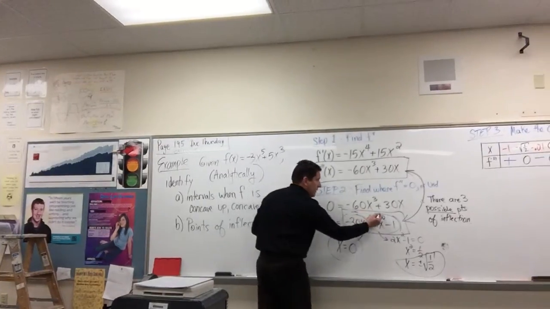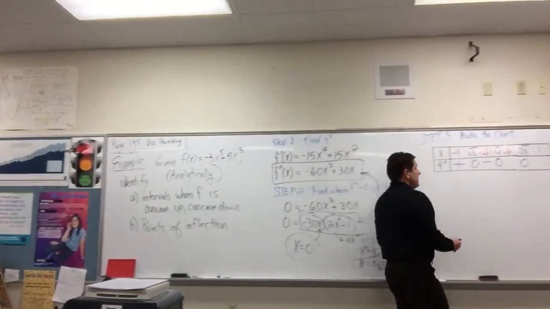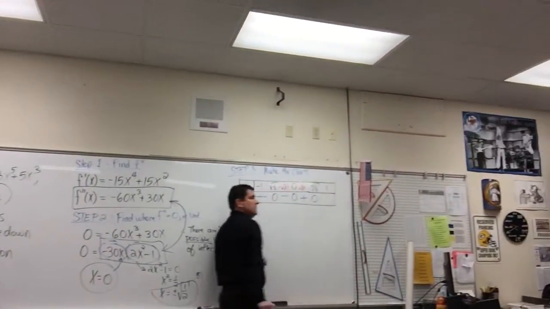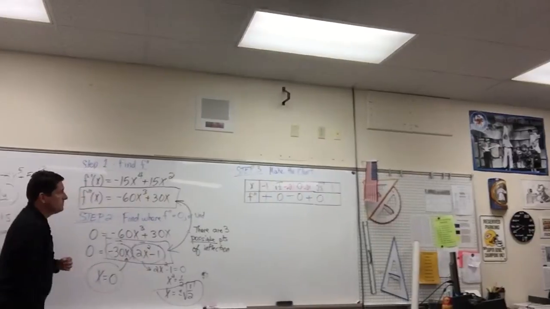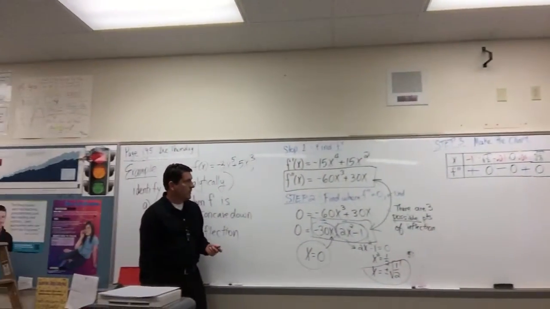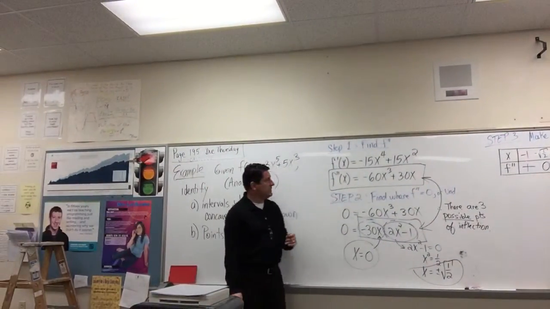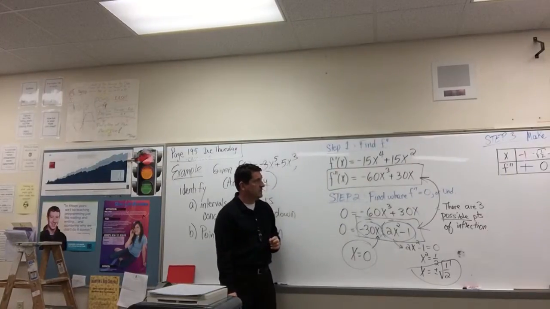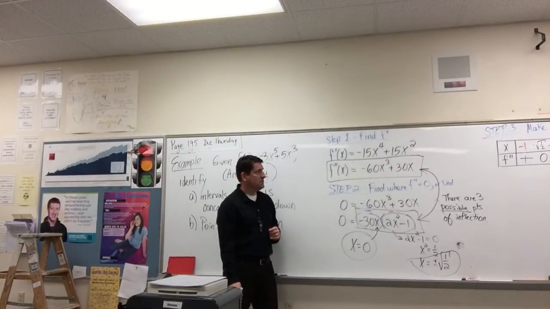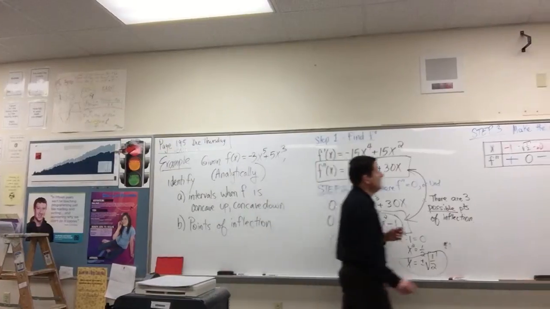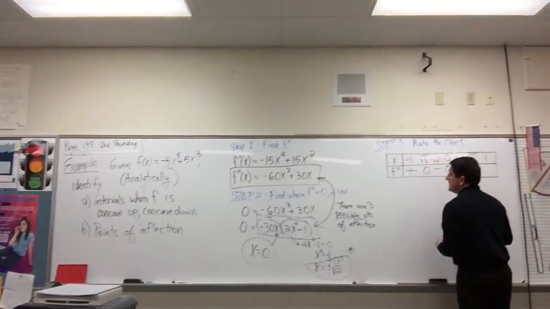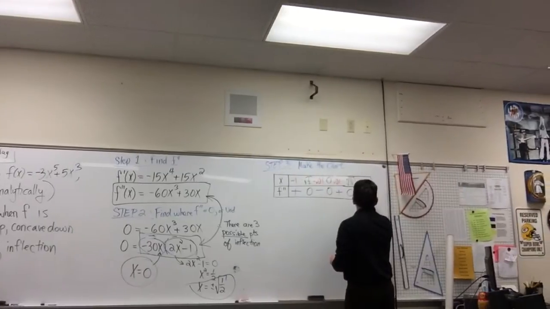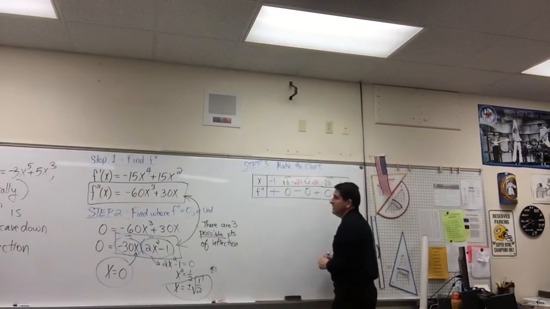It's going to be a negative. So negative times a negative is a positive. And the last one, that's a nice and easy one. If you plug a 1 in here, is the answer negative or positive? Negative. Okay, you get a negative 60 plus 30. So this is negative.